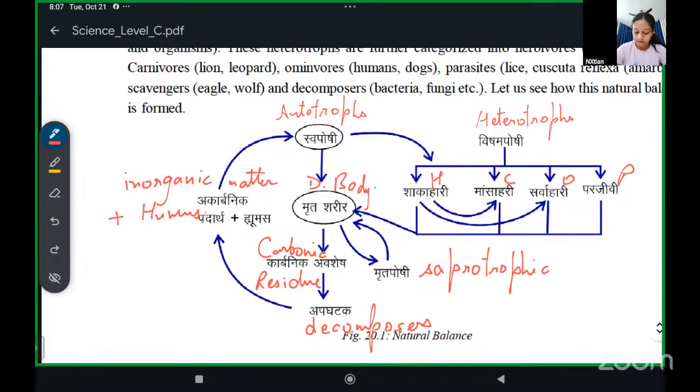Now herbivores are eaten by carnivores and omnivores. H is herbivore, C is carni, O is omni, and P is parasites. If you can see the arrow, herbivores are eaten by carnivores and omnivores.